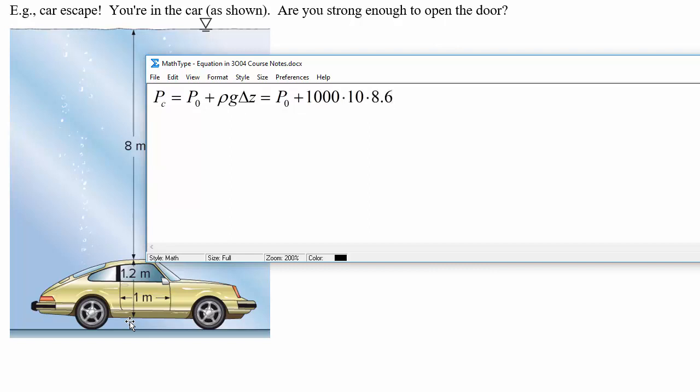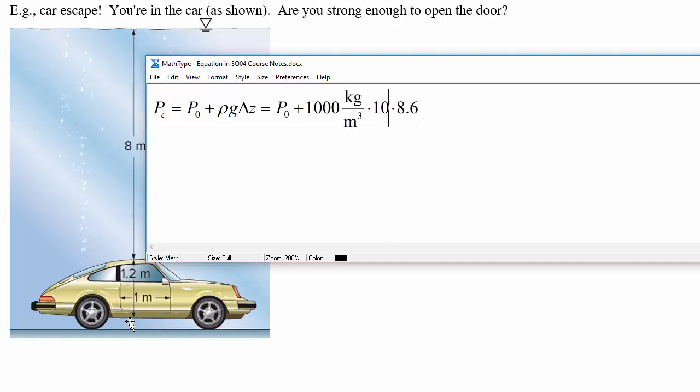So let's just double check the units. 1,000 kilograms per meter cubed. 10, what was that? That is newtons per kilogram is g, and 8.6 meters.